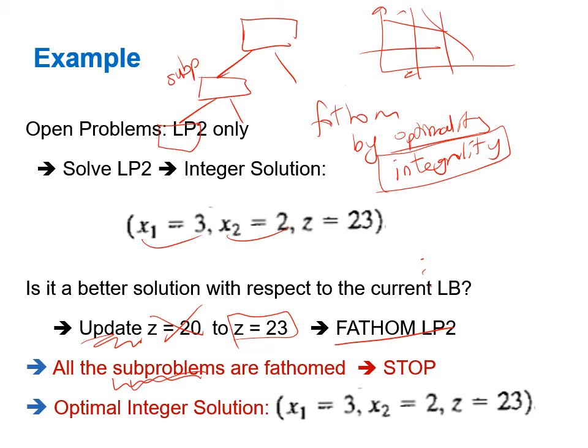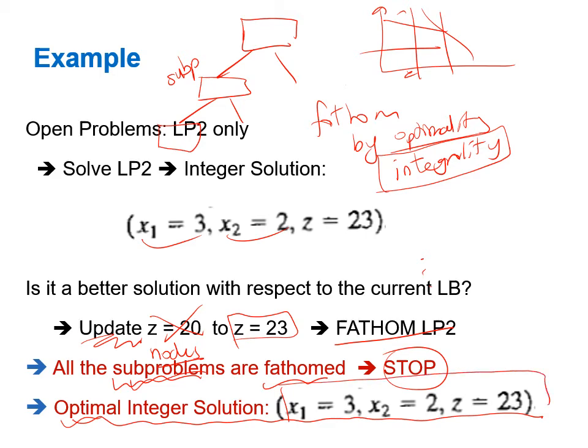Since all sub-problems are fathomed, all nodes are fathomed, we stop. And when we stop, the best integer solution that we know is the optimal integer solution, which is x1 = 3, x2 = 2, and z is 23.